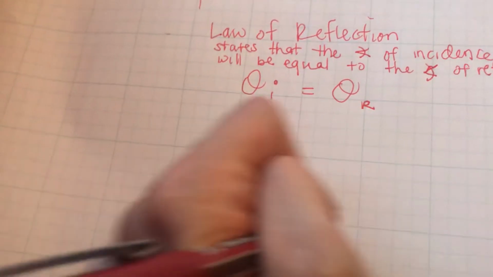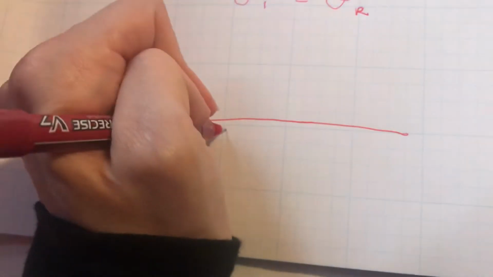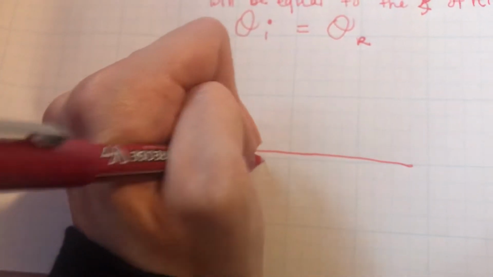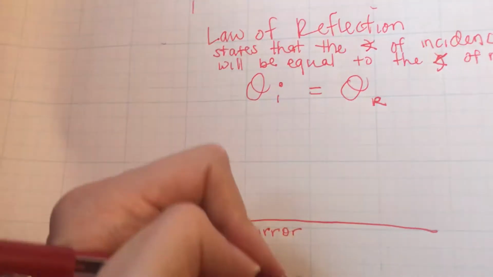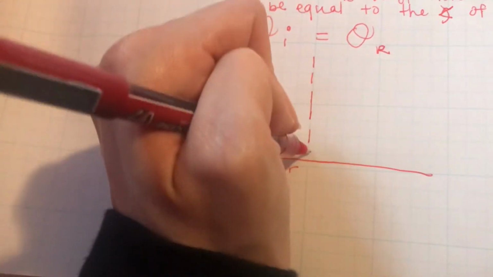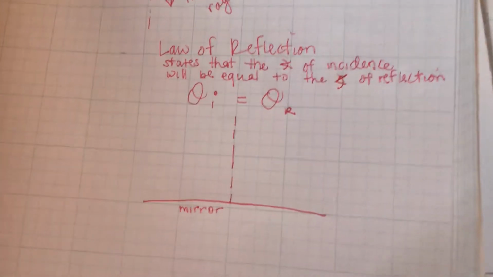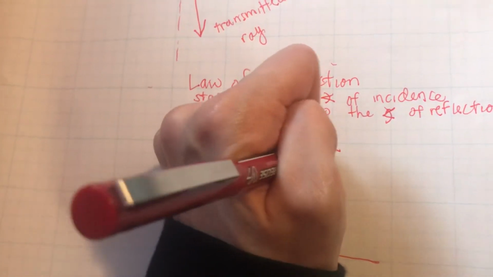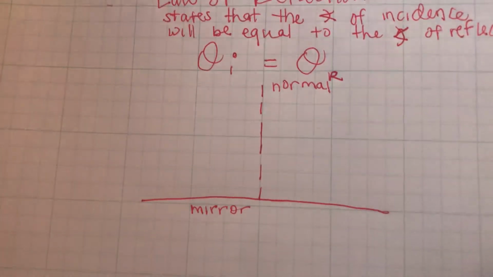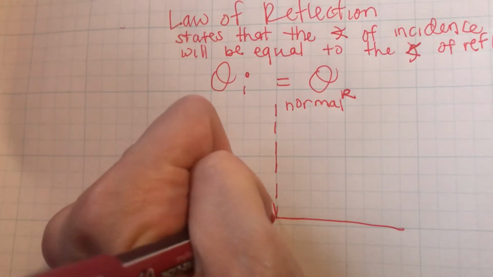So I'll draw a little diagram here. Let's say we have a mirror, and if this is our mirror, we should also draw our normal, because anytime we have any sort of boundary, it's really important that the way we are measuring our angle of incidence is relative to the normal. So label the normal. Let's say we have an angle of incidence.